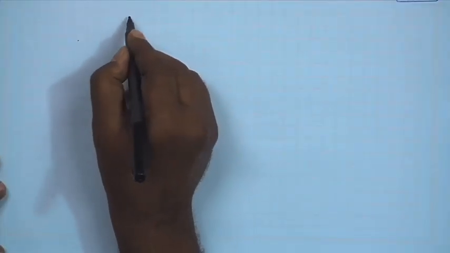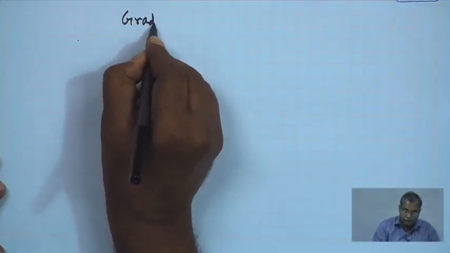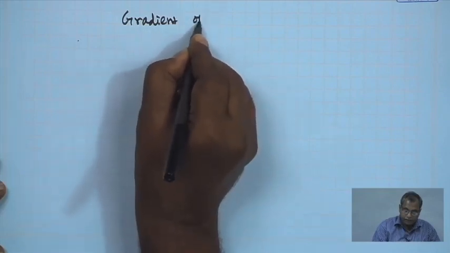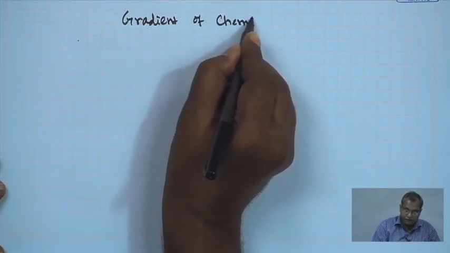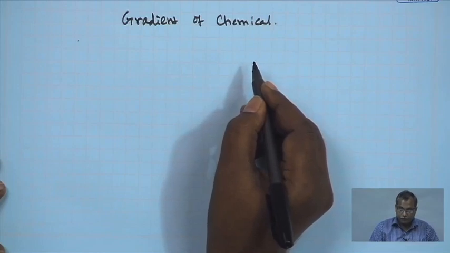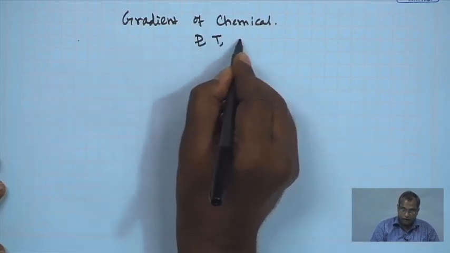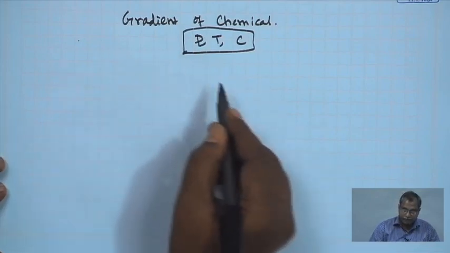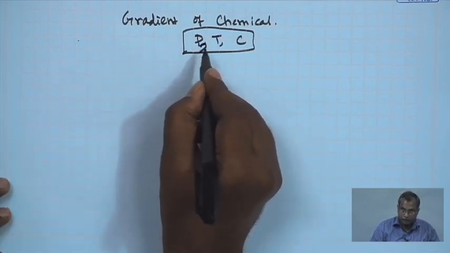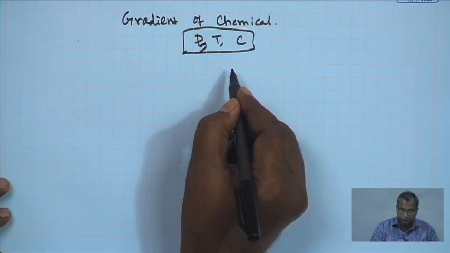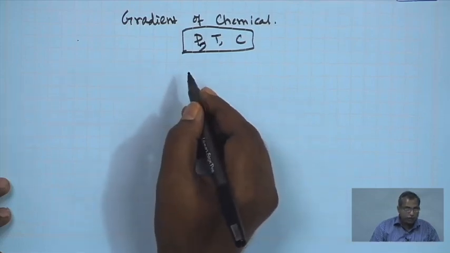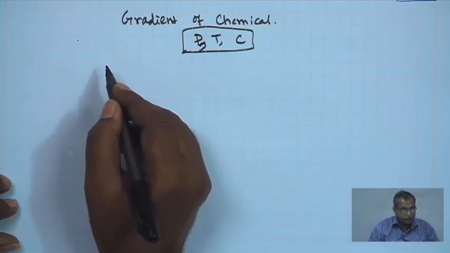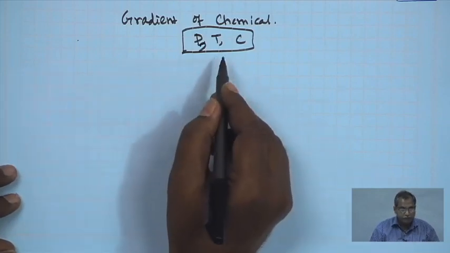Similarly, as we have discussed, in an actual separation process, the gradient of chemical potential is the real driving force, and it will depend on pressure, temperature, and composition.